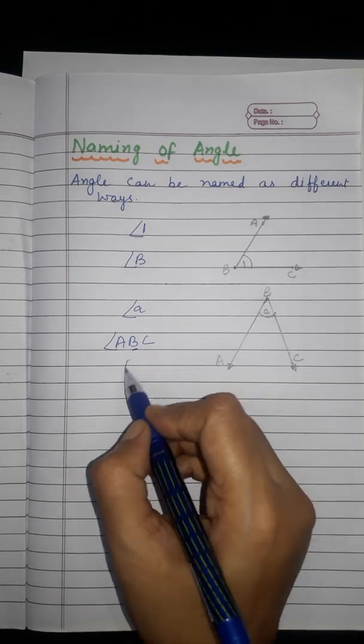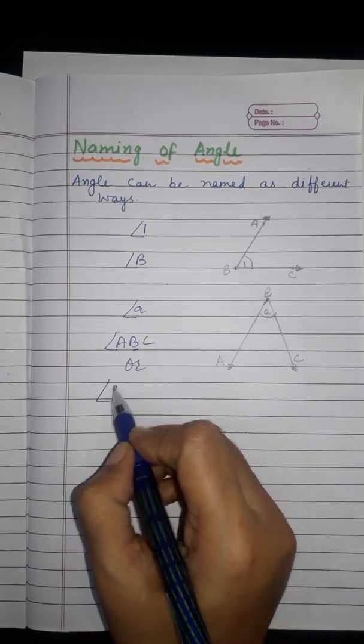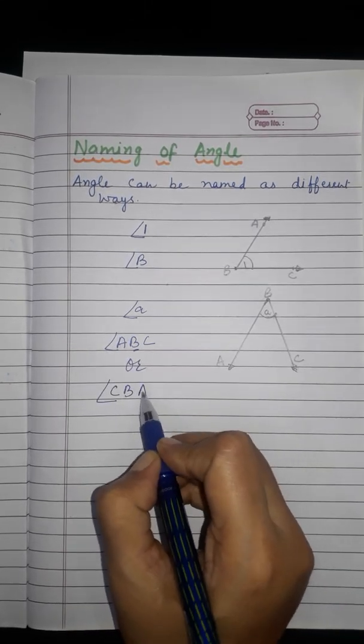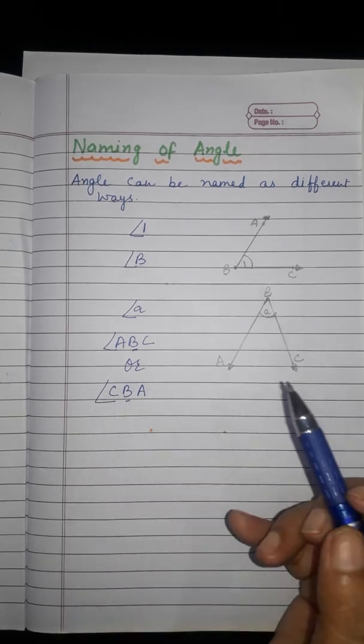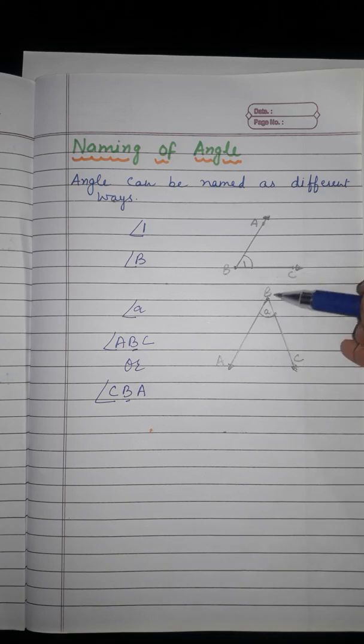We can also write it as angle CBA, but not as ACB, because the vertex is not C, the vertex is B. So to write the name of the angle, we should write the vertex in the middle of the other two letters.